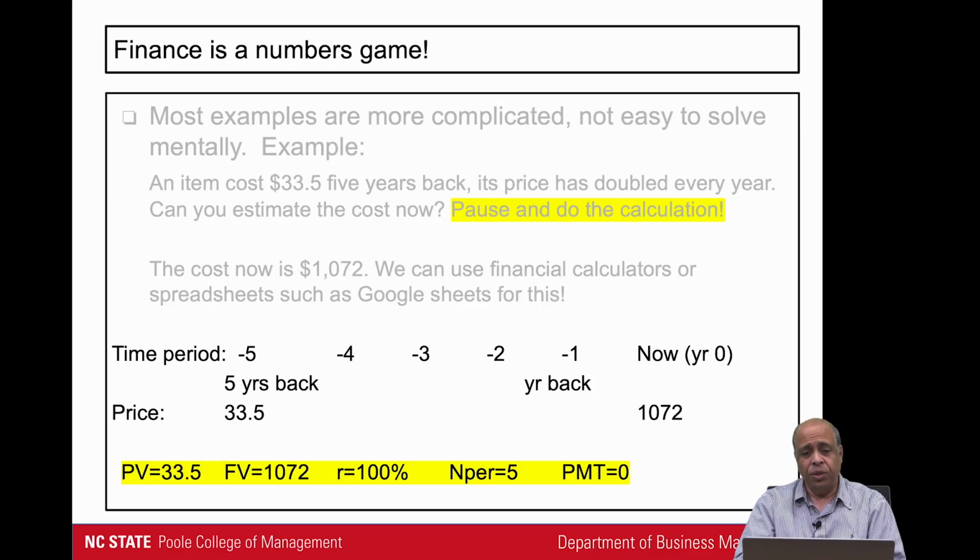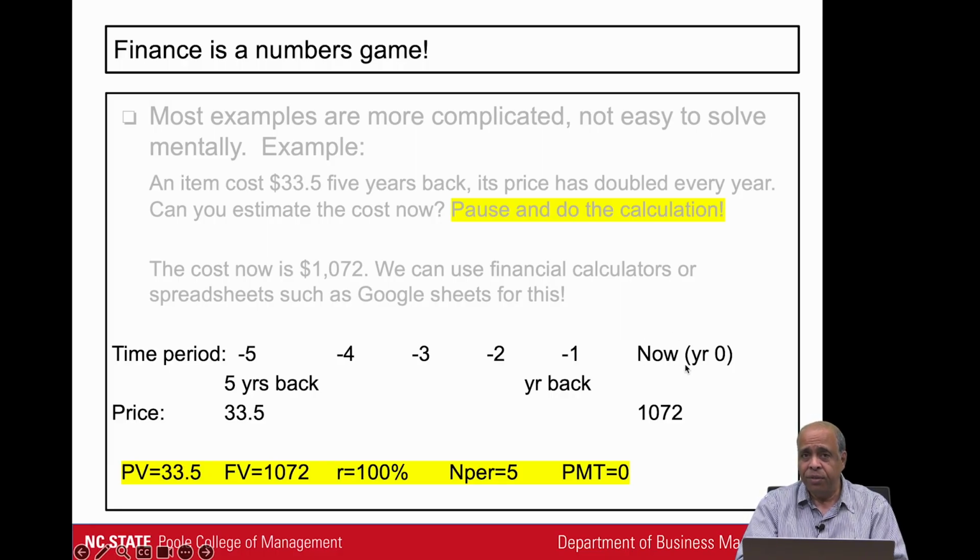Okay. So remember this example? So we did this earlier. So we said, hey, an item cost $33.5 5 years back, and the price is doubling every year. Can we calculate the cost now? So this picture that we drew here, this is a timeline. So I need to find the value now, right?